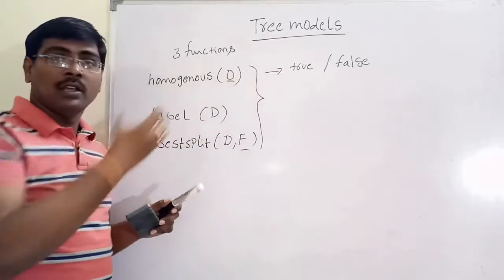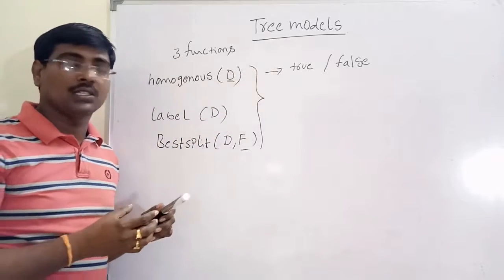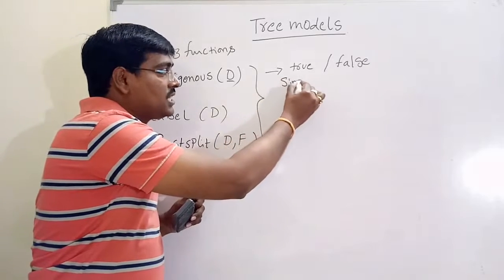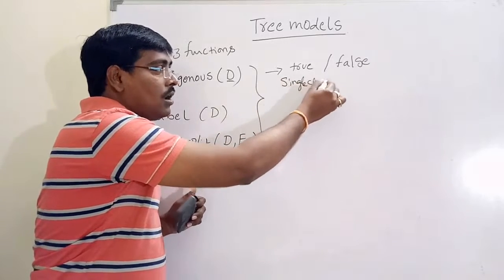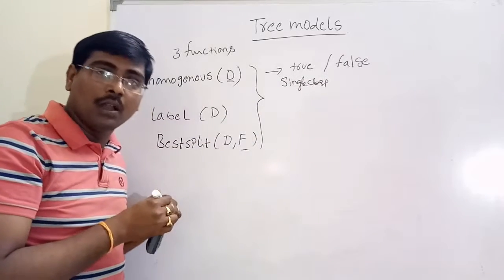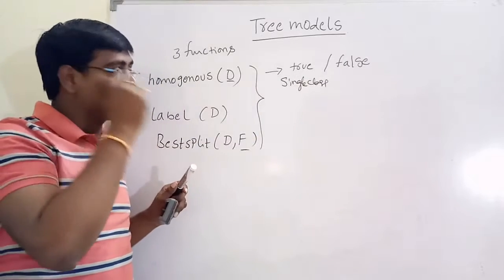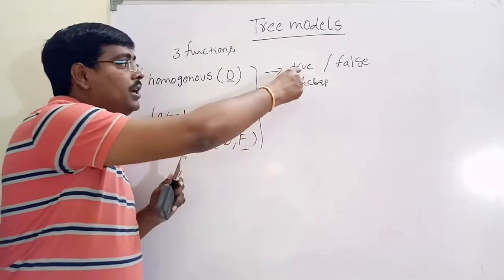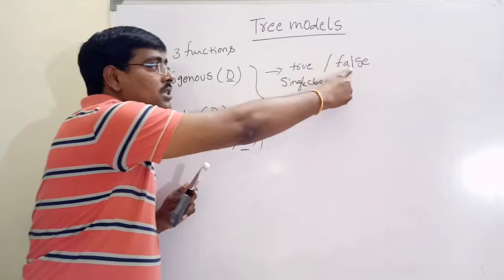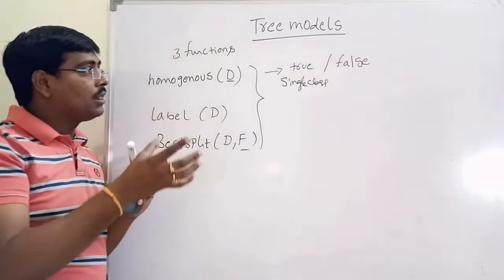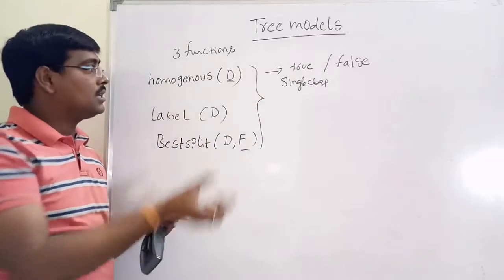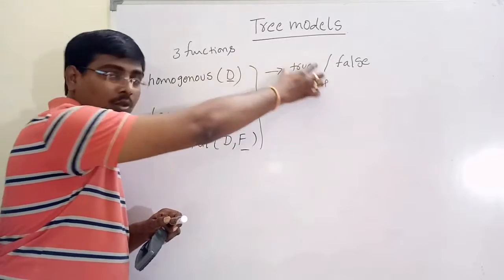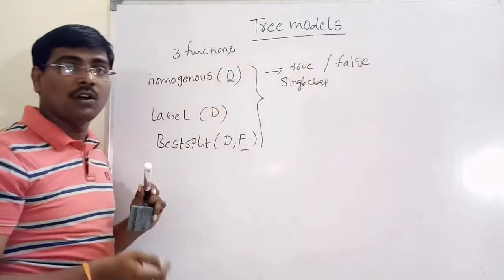That means if all the instances belong to a single class, that is, all the instances are labeled with a single name, it returns true, otherwise it returns false. If all belong to the same class, it returns true, otherwise it returns false.